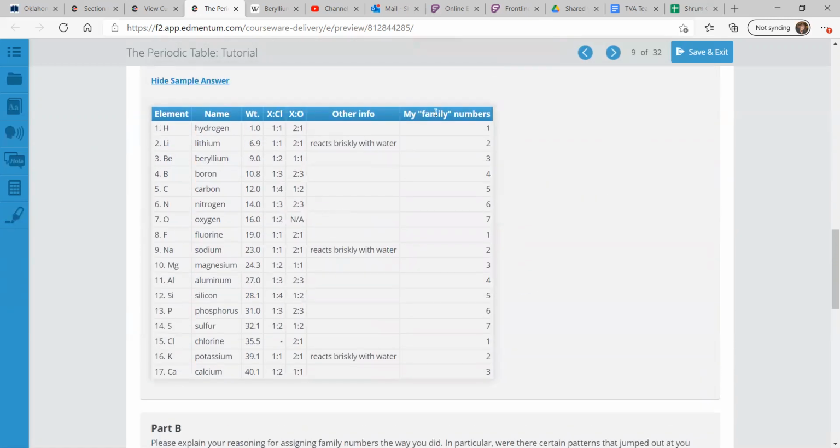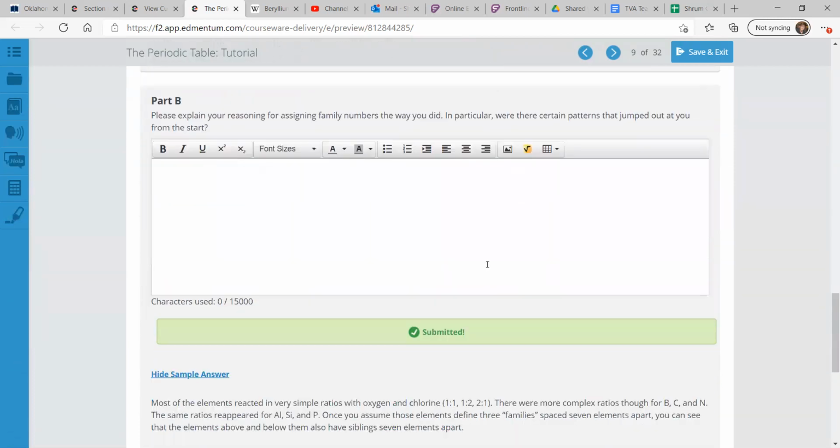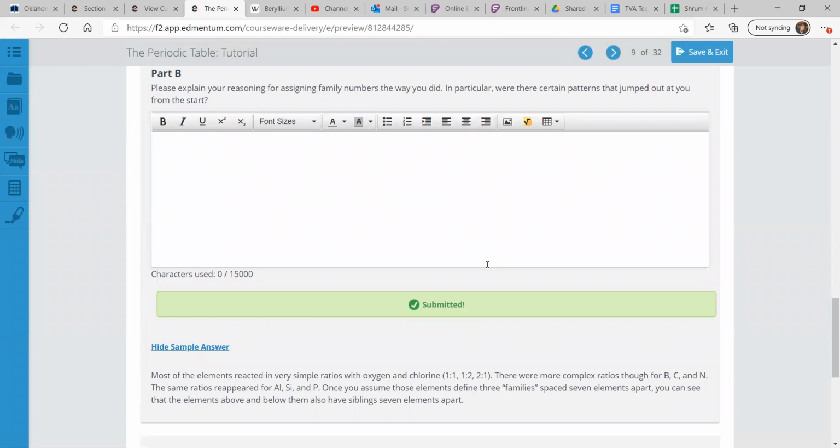So here we go. Here's 1, 2, 3, 4, 5, 6, 7, 1. See how that happened? And then 2, 1, 2, 3, 4, 5, 6, 7. So these 1s are 7 apart, these 2s are 7 spaces apart, and these 3s are 7 spaces apart. So you see that periodic jump, that periodic pattern.